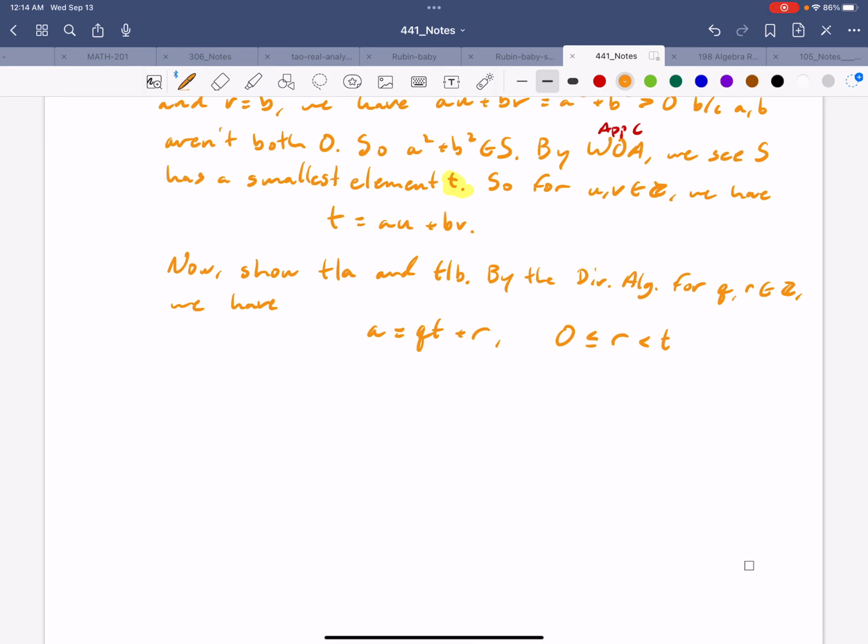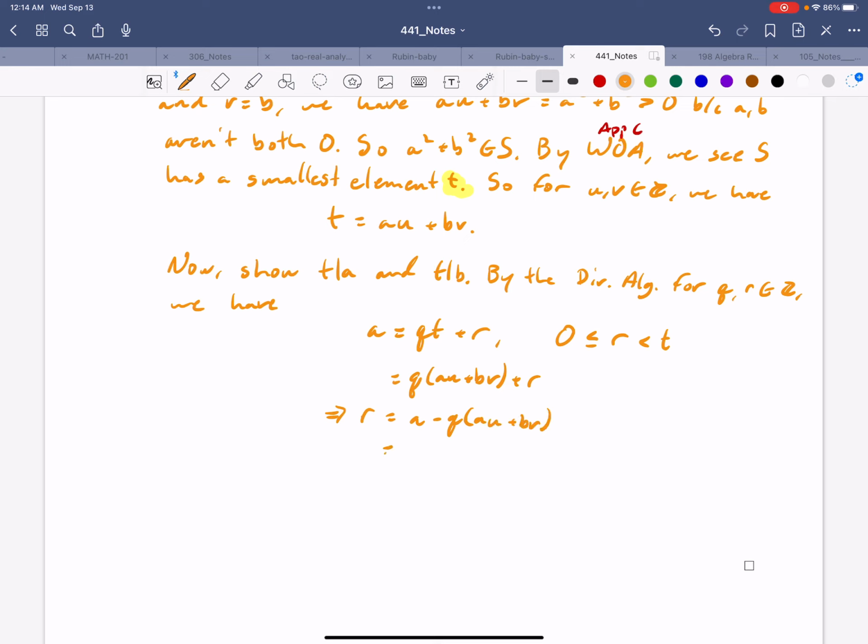Okay, so since t equals au plus bv, we also have that this is equal to q times (au plus bv) plus r. And we did a bit of subtraction, subtracting stuff over, you can see that this is the same as saying r equals a minus qt, or a minus q(au plus bv).